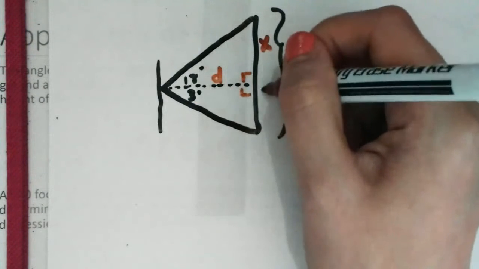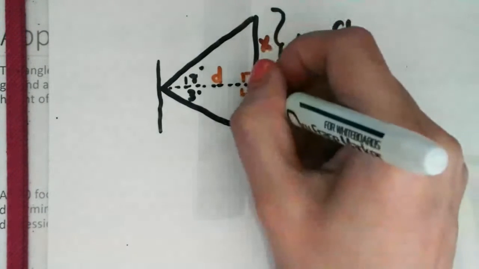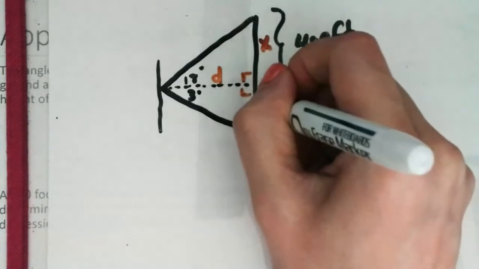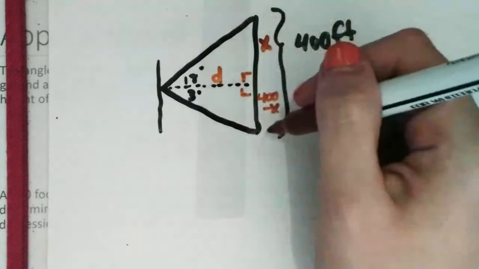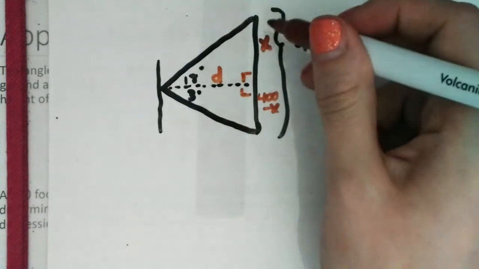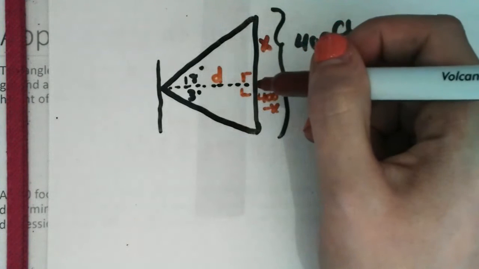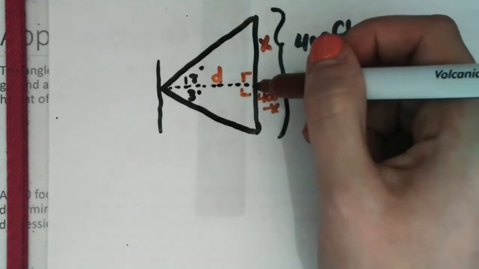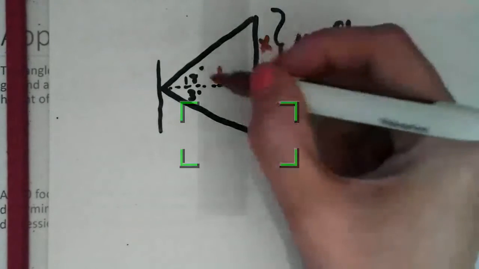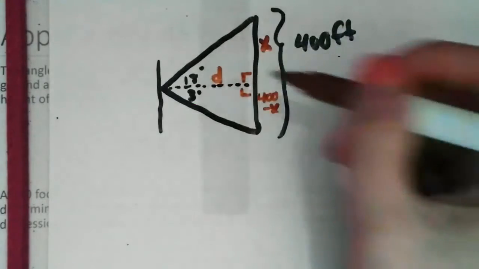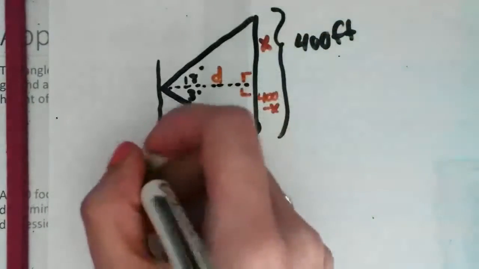Well, then this bottom part here would be 400 minus X, because the whole thing is 400. If X is above their sight distance, or the distance where they look, then 400 minus X is going to be below. So starting with this top triangle, I know something about the opposite side and the adjacent side.